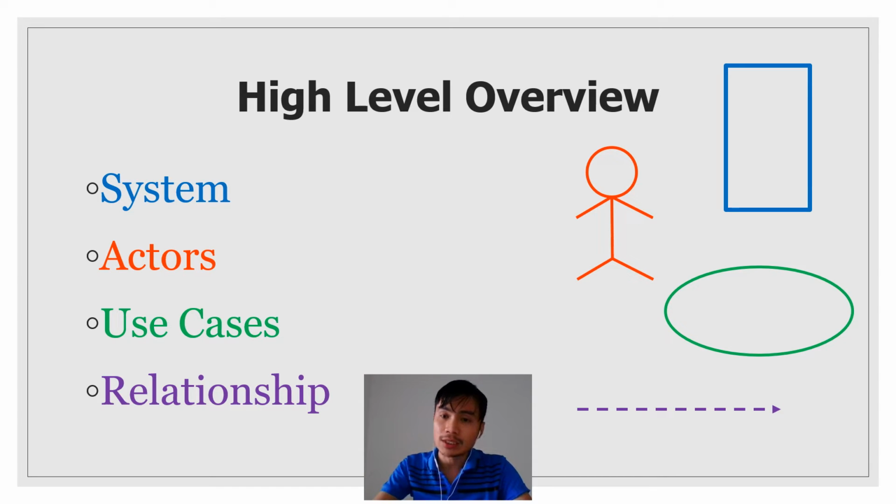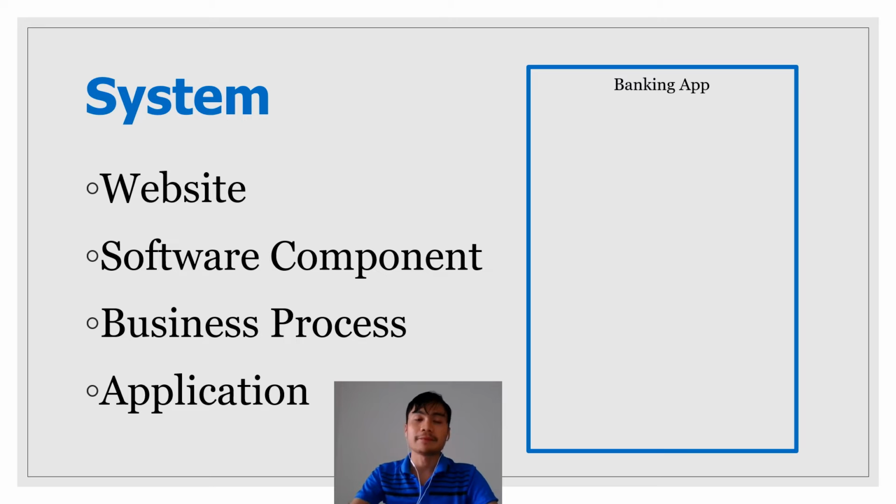So we start with the system, right? System could be a website, a software component, a business process, or an application, right? So once you know what type of application or system you're going to develop, first things first, you have to draw this rectangle, right?